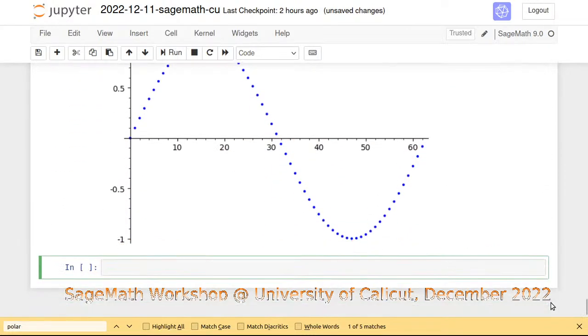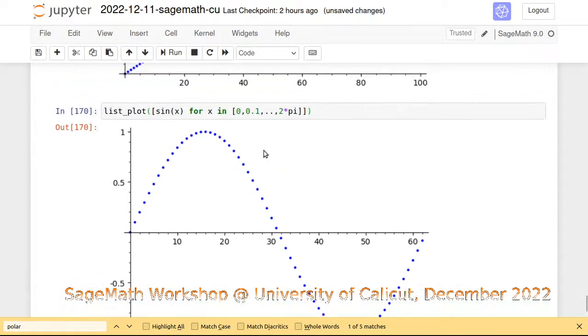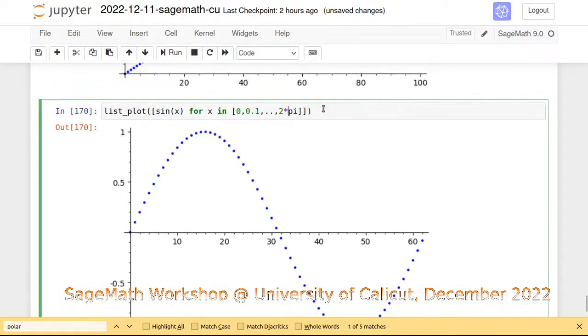You will get an approximate sine because we have taken sine points here.